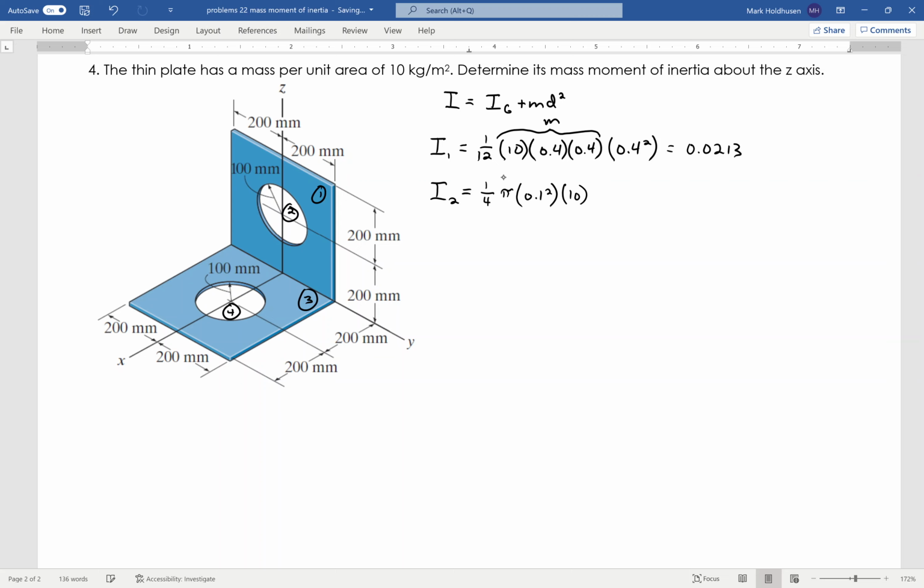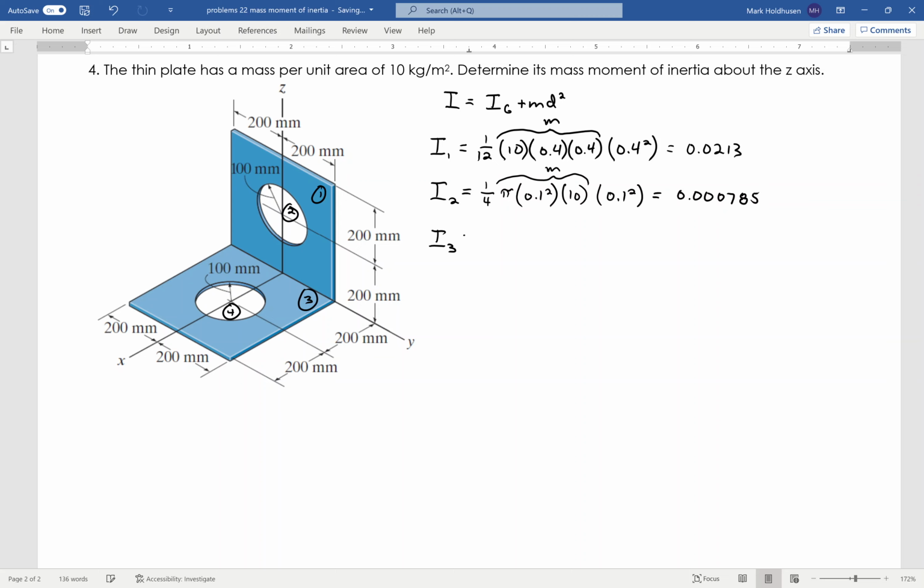Again, this is m, which is just the area times that mass per unit area, because the moment of inertia is 1/4 mr squared. Now, r is, of course, 0.1. And from this I get 0.000785.